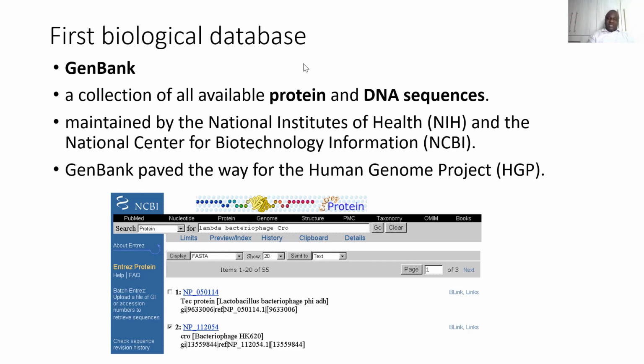Because somebody has taken time to sit down. Not somebody, a group of people. I remember a couple of my supervisors were involved in that project a long time ago in the South African National Bioinformatics Institute, to put that project together.